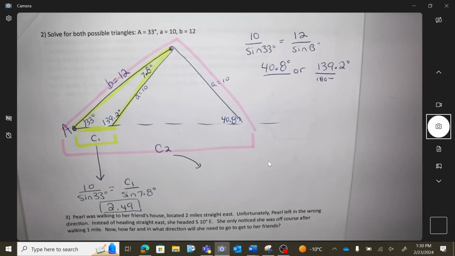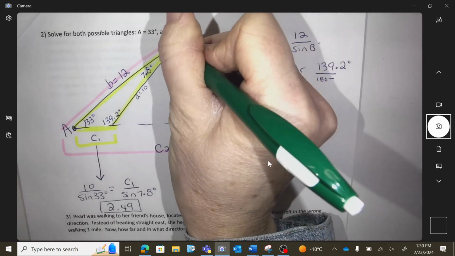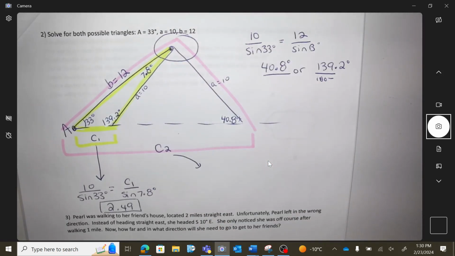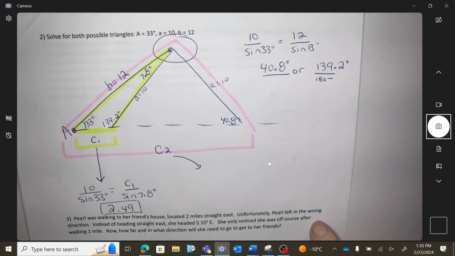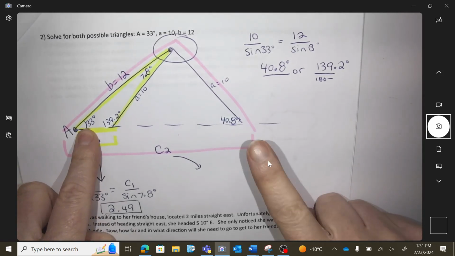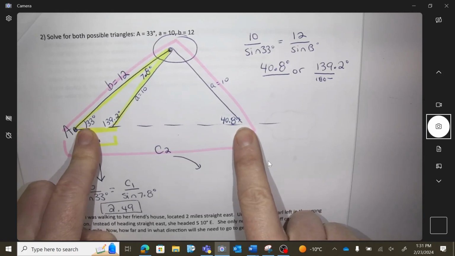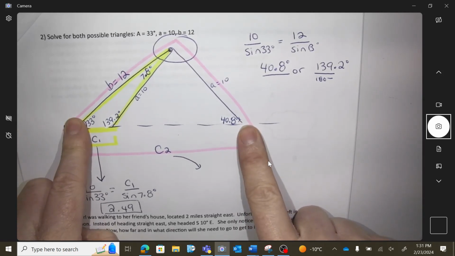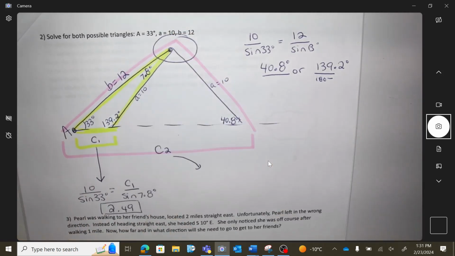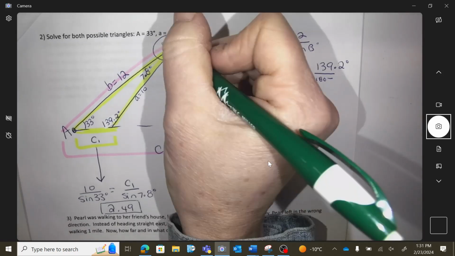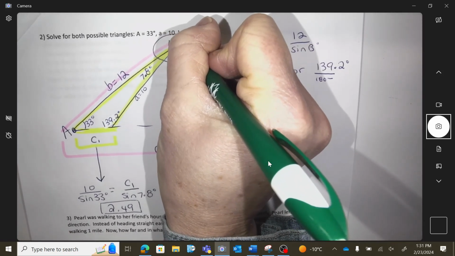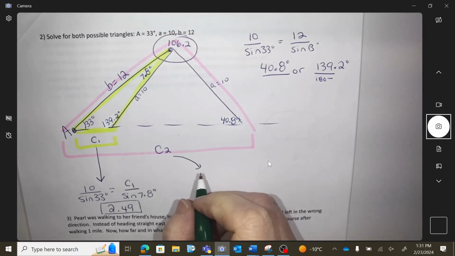Okay, now I'm into my pink triangle. So what's the top pink angle? So here's a corner with 33 and there's a corner with 40.8 in the pink triangle. So then what's the top corner? 106.2.